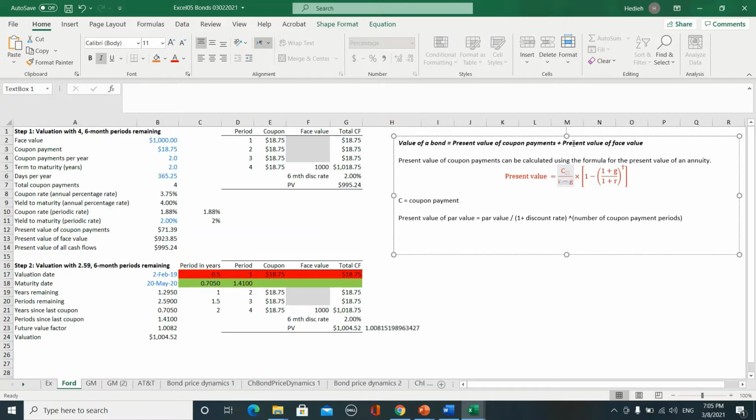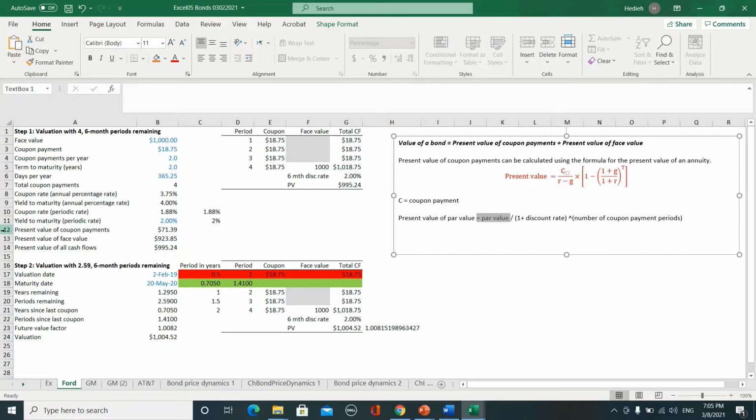And finding the present value of the face value is very easy, because it's a single cash flow at the end of the life of a bond. So the present value of par value is equal to par value divided by 1 plus discount rate to the power of the number of coupon payment periods. So let's find the value of a bond using this method.